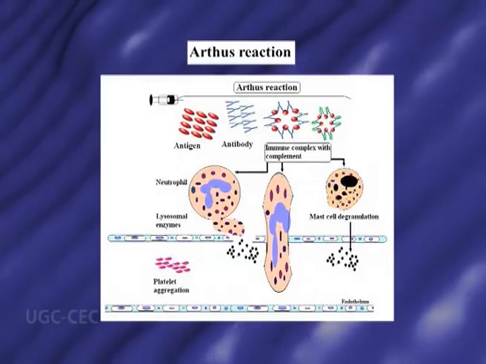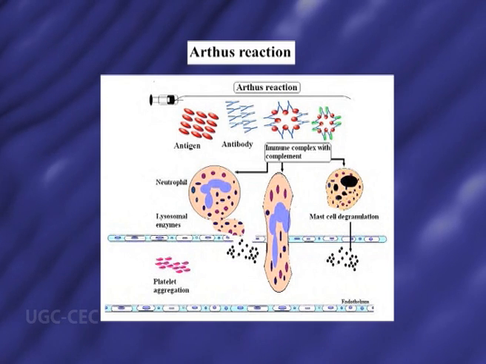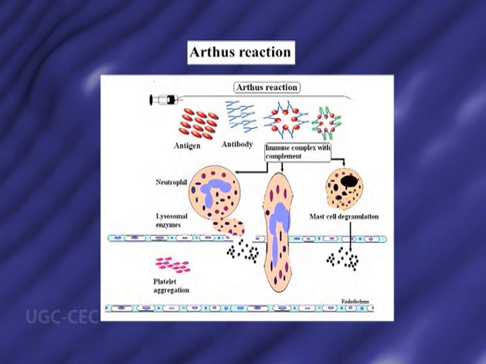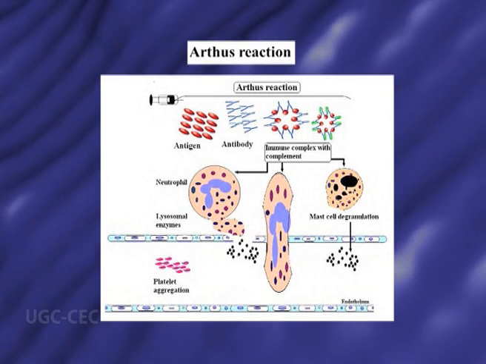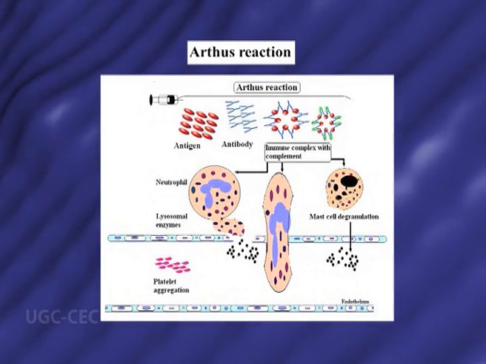Now, if the immune complex is formed under the skin, intradermally or subcutaneously, that is just at the site of antigen entry, then locally there will be a swelling, and a swollen area can be seen. This is called the Arthus reaction.